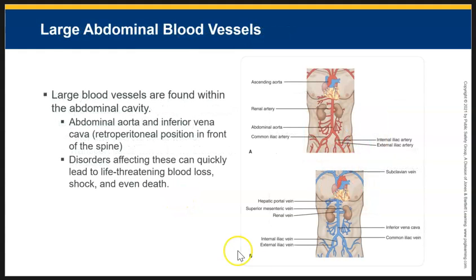Keep in mind that in that space we can also have some of the larger blood vessels. In the abdominal cavity we have the abdominal aorta and the inferior vena cava. Both of these are in that retroperitoneal position, located closer to the spine. And of course, any injury to those blood vessels could lead to life-threatening blood loss through hypovolemic shock.